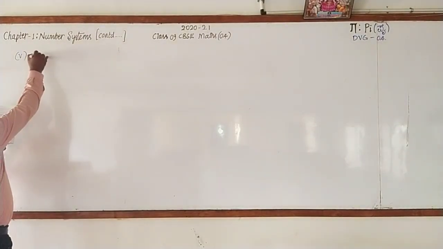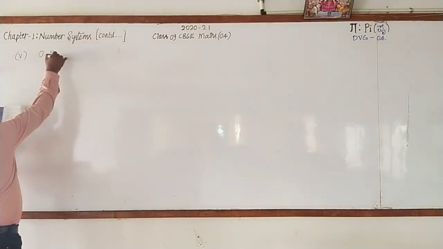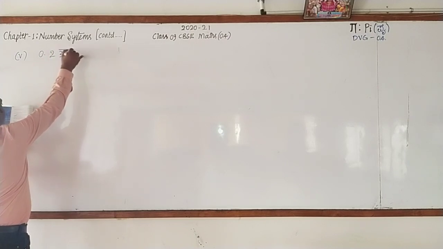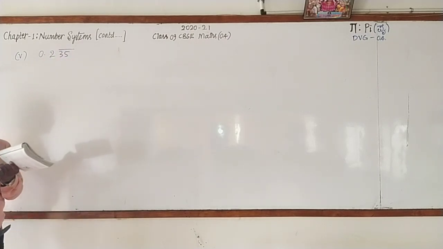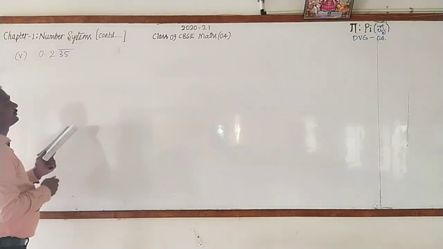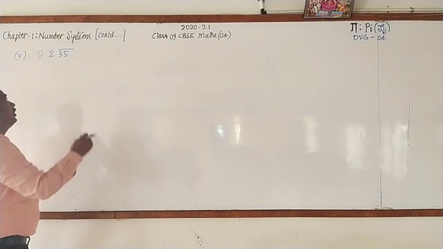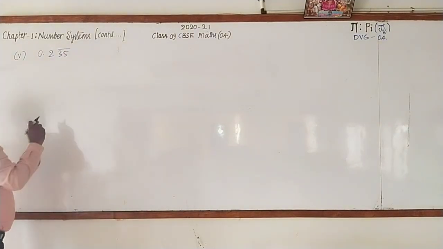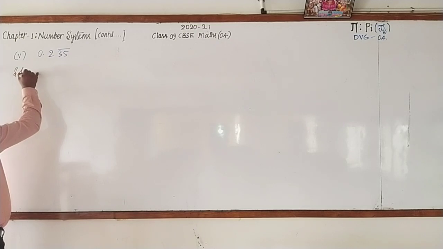Observe. The fifth one is 0.235 bar. So bar is applicable only for 3 and 5. Let us come to know how to express this in the form of P by Q. Observe, don't copy.